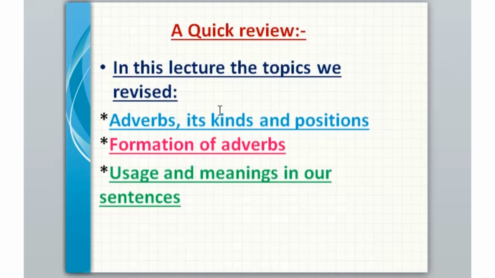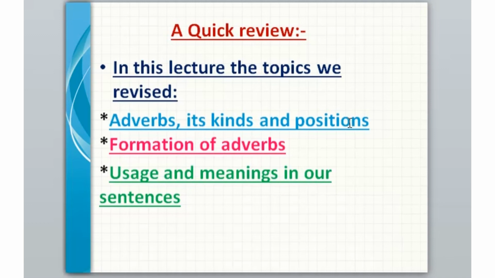After studying the kinds with examples and usage in sentences, we studied positions also: how they are used in our sentences and, according to the kind, where each kind is placed preferably. We studied the positions. After that, the next thing we studied was the formation of adverbs. So students, how the adverbs are formed, I'll do a quick review in a second.